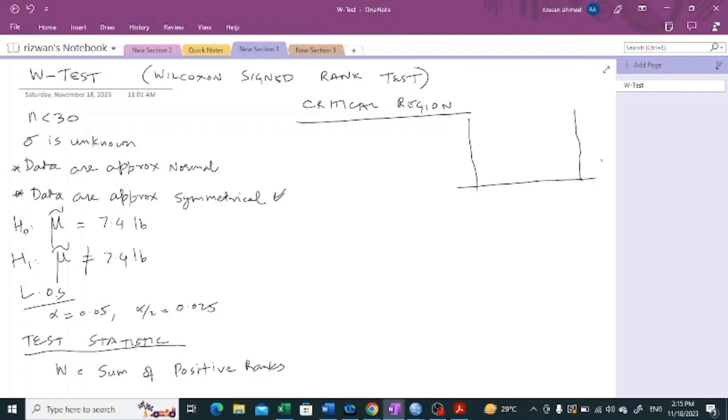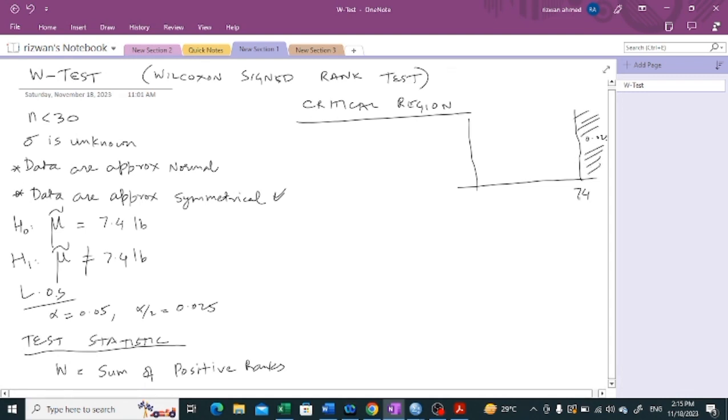We draw a vertical line on the right hand side to indicate a right tail, and we draw a vertical line on the left side of this to indicate a left tail. So this is what we do. 74 is the value as per the number of observations we are given in the data, which we have identified from the table.